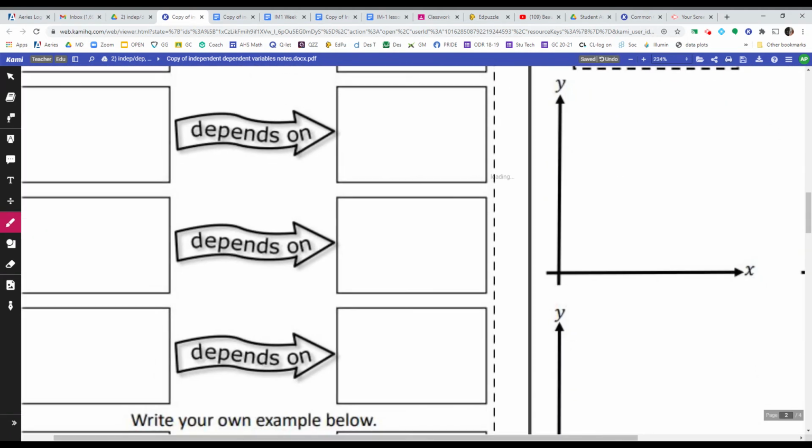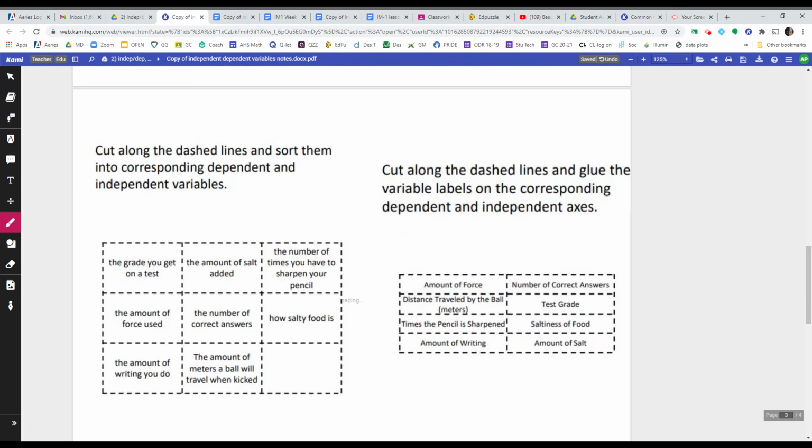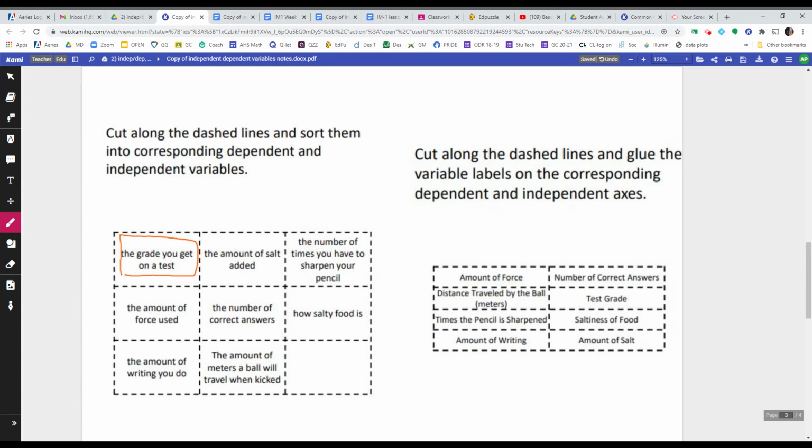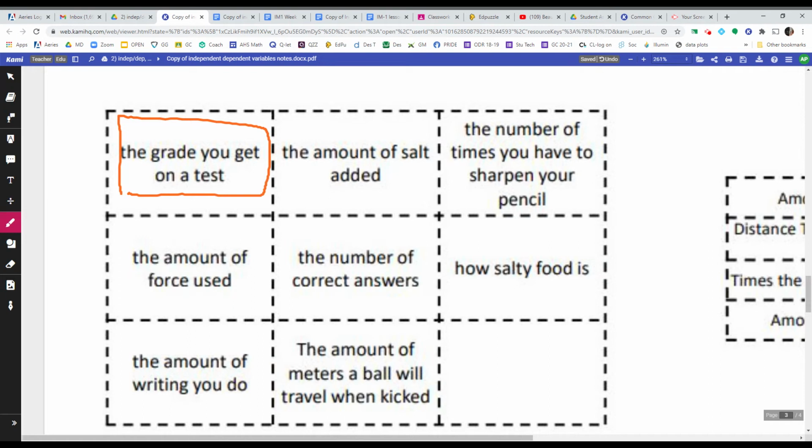Okay, we have some other questions down here. Let's look at one. See if we can find one that matches. In this situation, the grade you get on a test. Where's the partner over here? So I'm going to ask that on Edpuzzle. What's the partner for the grade you get on a test?